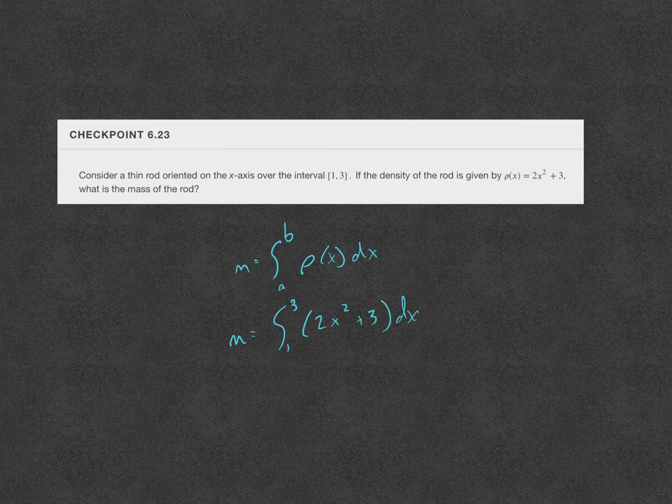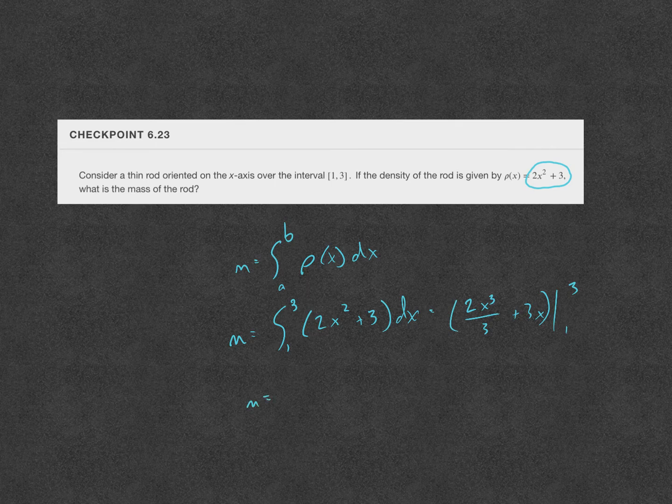That's it, right? It's another application. The idea being, if I can represent the density with a formula, with an equation, I can find the mass using integration. This is 2x cubed over 3 plus 3x evaluated from 1 to 3.